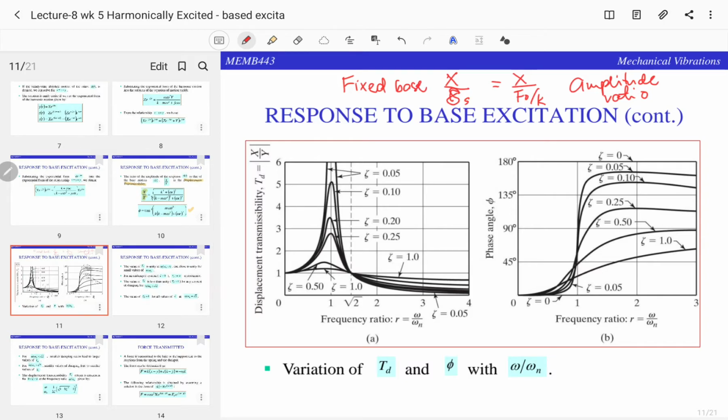It's quite similar to this base excitation, where if you increase damping, you can see that when you increase your damping, the peak will go down.